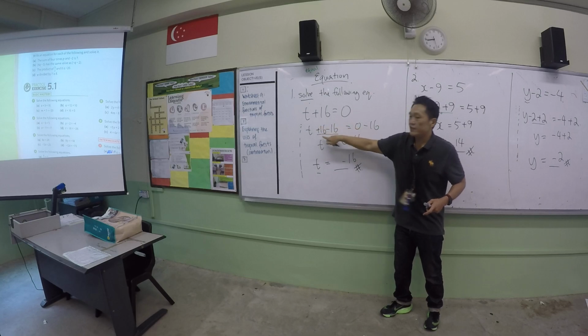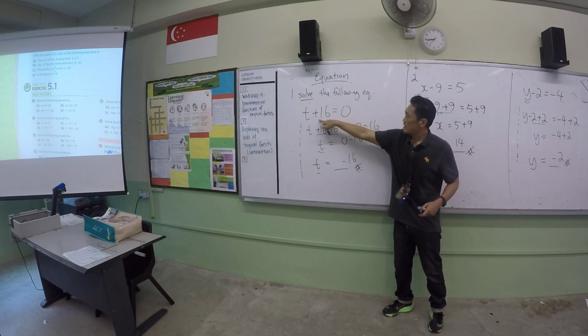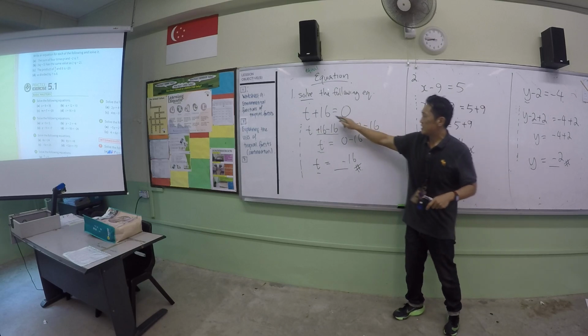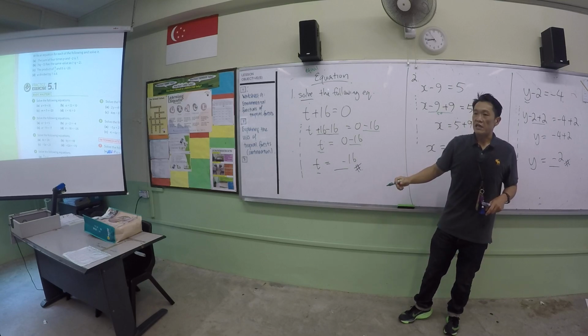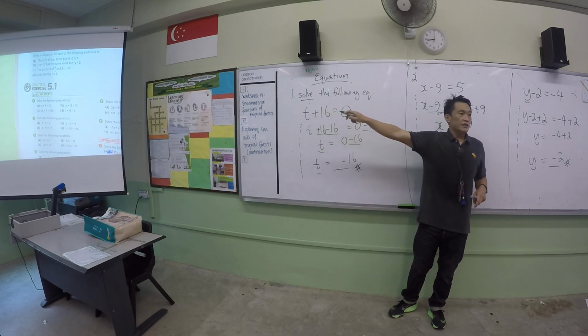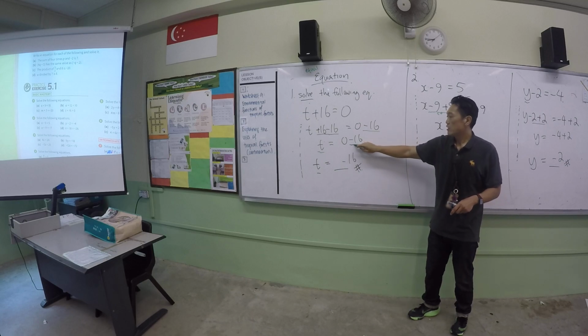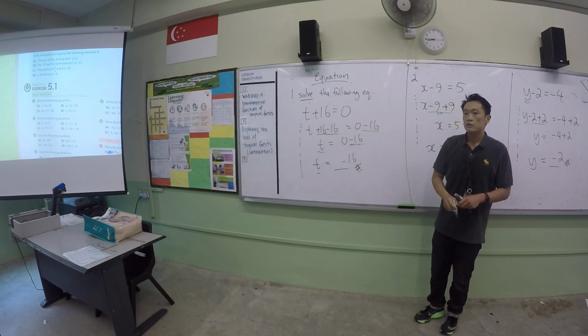So this will definitely become 0 and disappear on my left hand side, and I will definitely have a minus 16 on the right because I purposely subtracted 16. In other words, the plus 16 is like going over from left to right, and plus becomes minus.